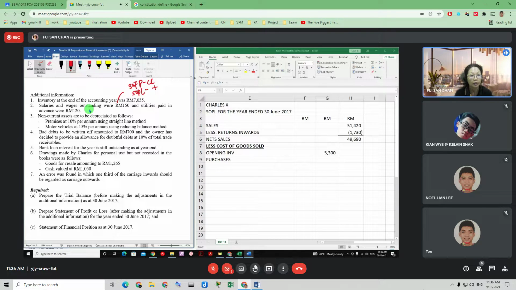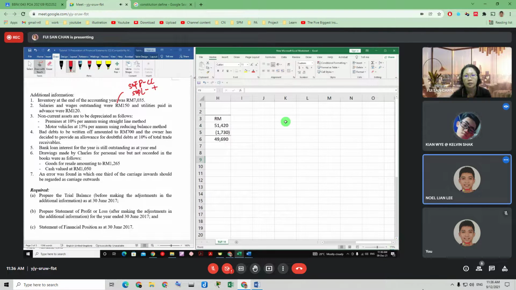Just that we haven't paid, so that's why it's a liability. So in SOPL, we have to add back. Now, how about utilities paid in advance? This one is an asset, so we minus.